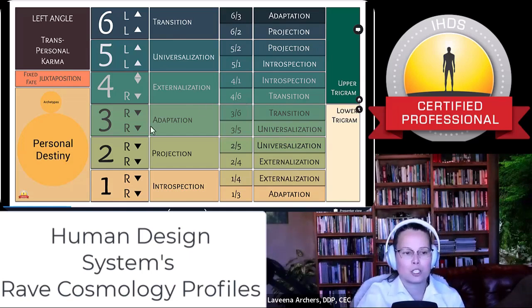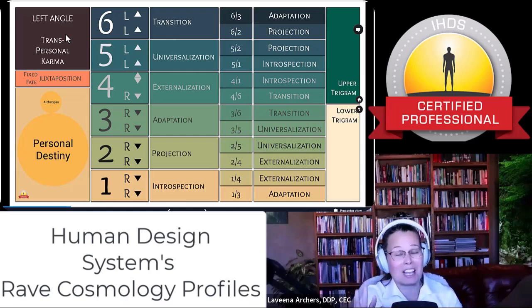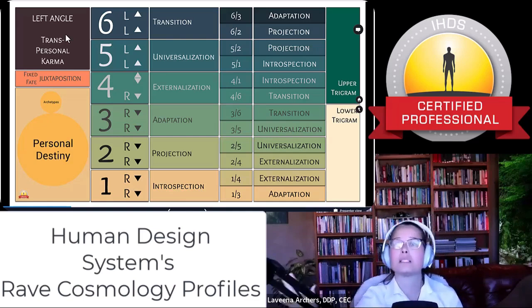Meaning, if we switch over to the other end of the spectrum, the left angle, right angles down below, left angle. You who are left, you have a transpersonal karmic fulfillment of purpose, meaning you need allies. If you're in my life, I'm one of your allies. You need allies in order to fulfill your life's work. So in doing so, karma simply means action.